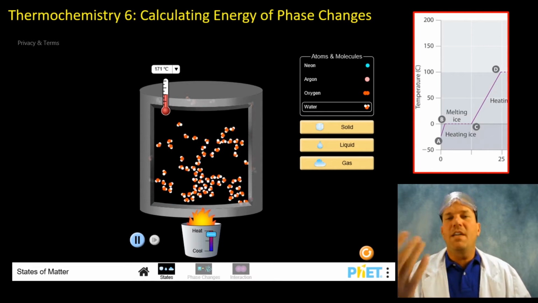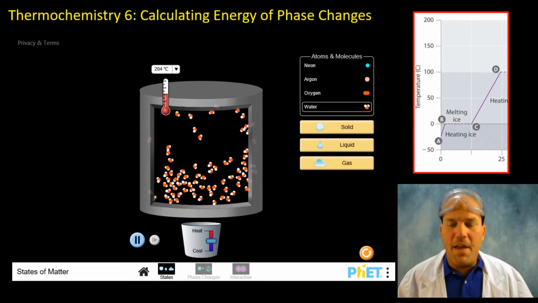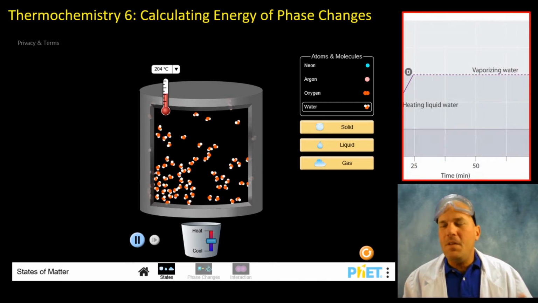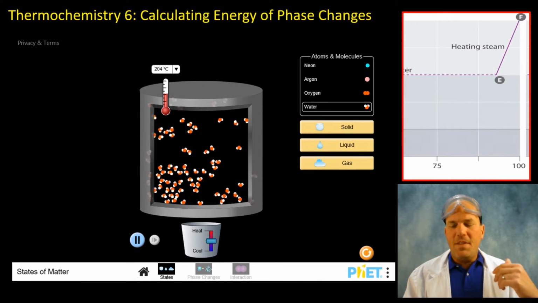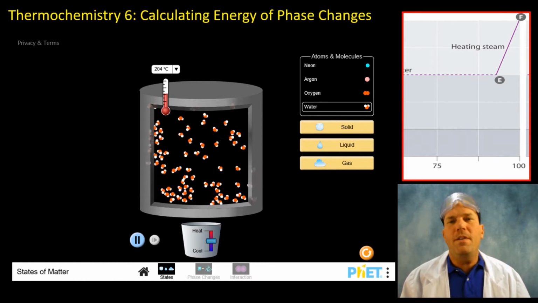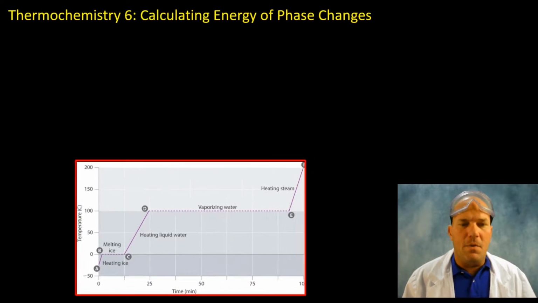And again, we could continue to put heat into the system to see the effects as the steam is now heating up. To revisit these segments is very important as we now move into our one mathematical example.